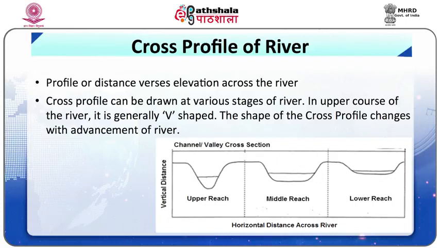Cross profile is the distance versus elevation across the river. It can be drawn at various stages of river. We can draw cross profile from the topo sheets in few steps. First, draw a line joining 2 points across a river valley and measure the distance.